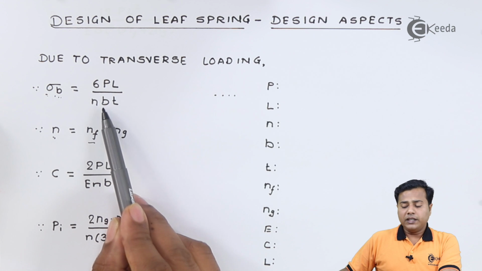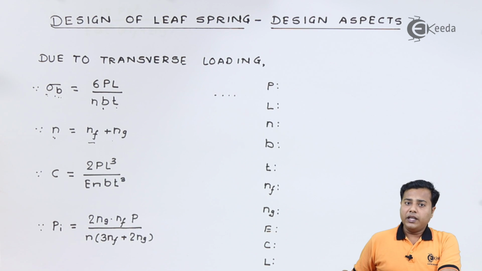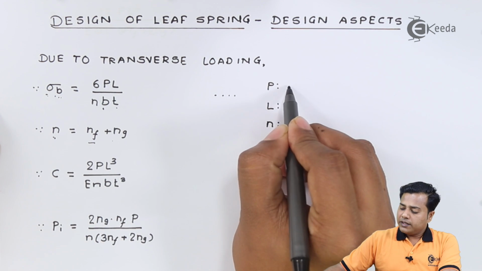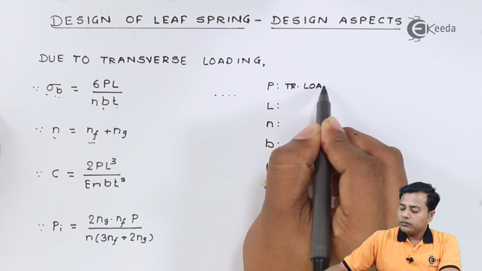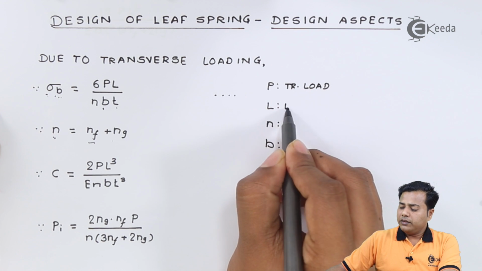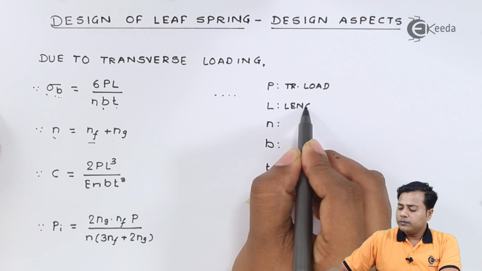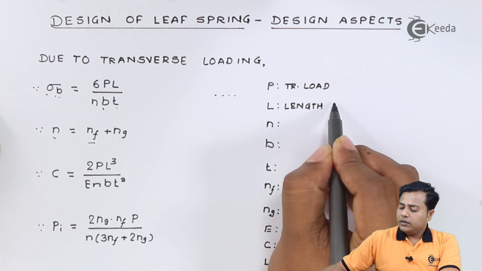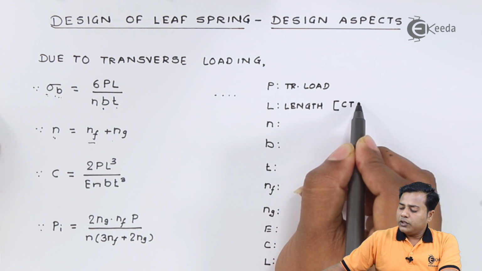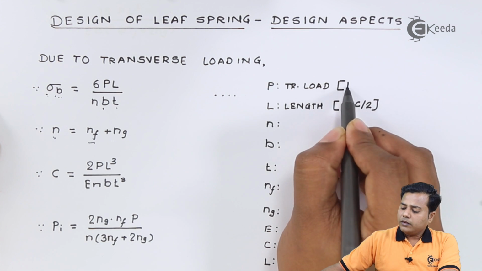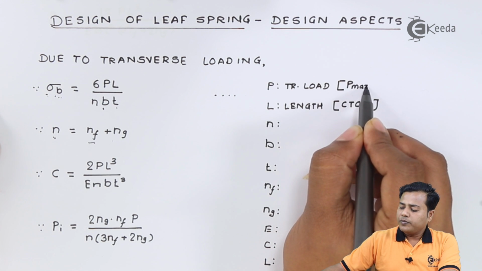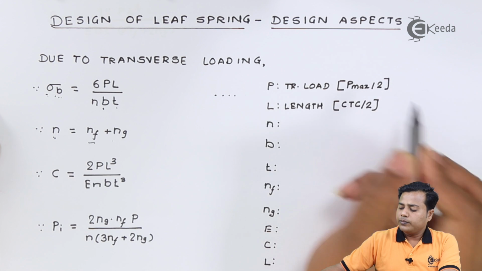Then it is the width, and this is the thickness of any one leaf, and hence it's the transverse load, the length, let's write it, center to center distance divided by 2. This is P maximum divided by 2.